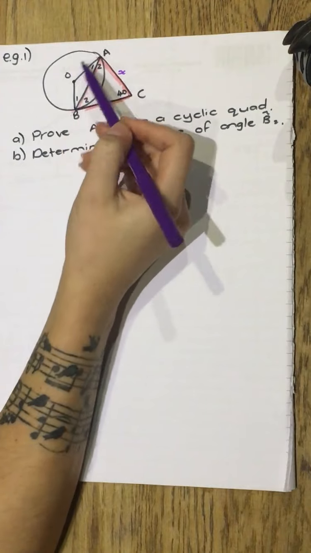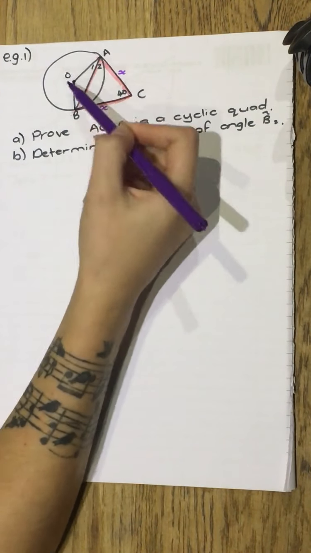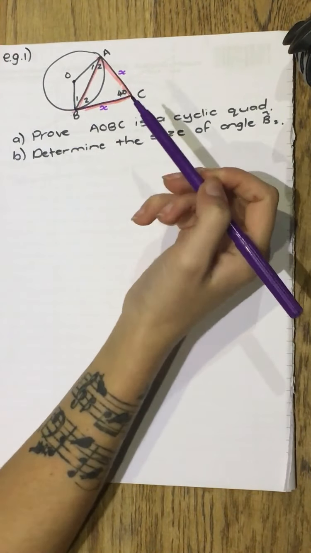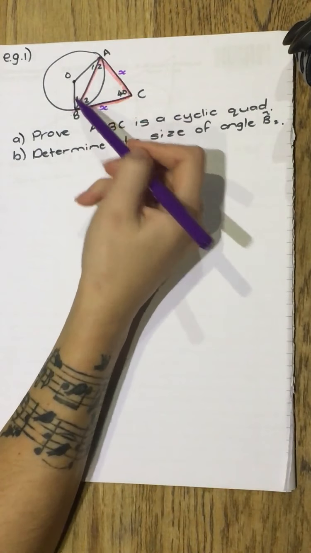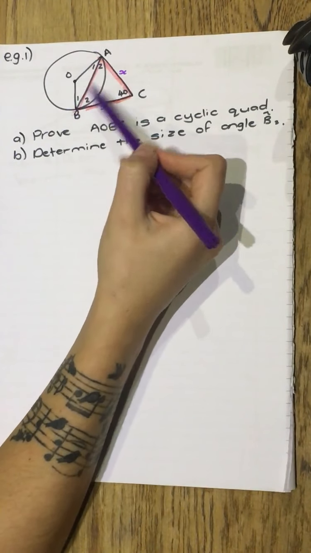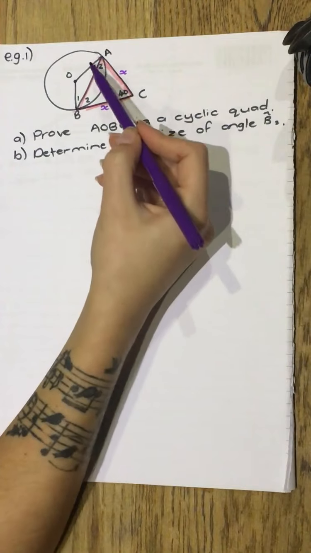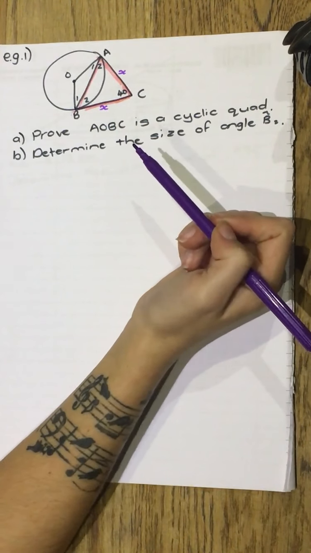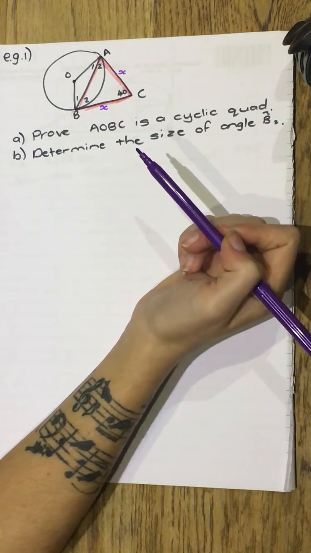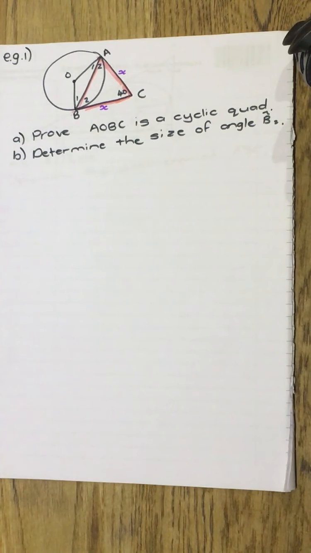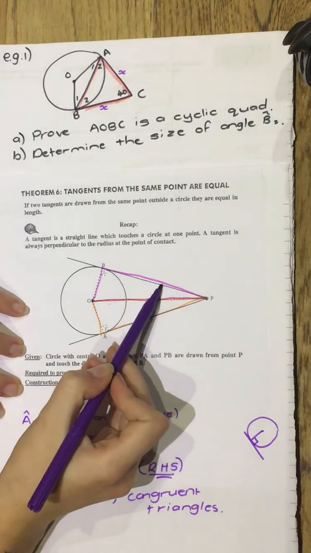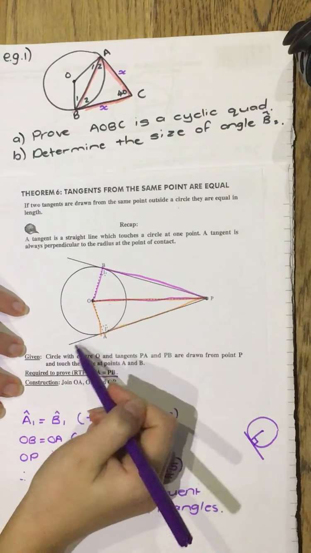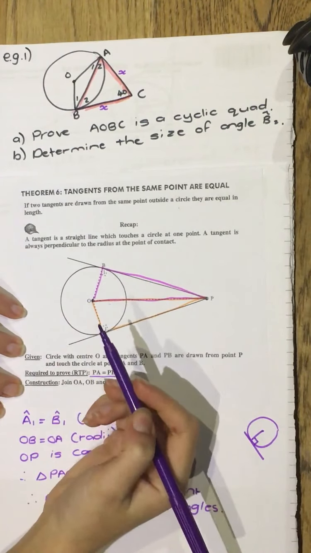I'm sure you're also picking up that OA and OB are radii, so they're also going to be equal, which makes this triangle isosceles as well, which means A1 is equal to B1. Also, remember when we saw that the tangent touched the circumference and touched the radius?